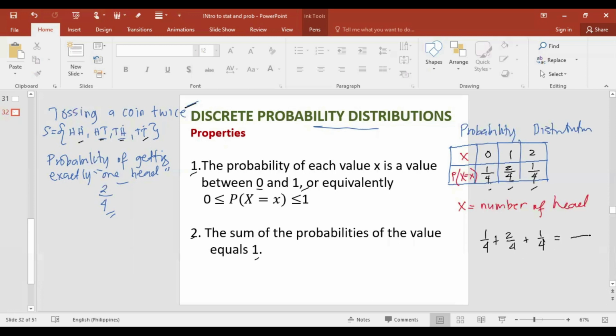Since they are similar fractions, you can just add the numerators. 1 plus 2 plus 1 is 4. Then just copy the denominator. It's 1. So again, this probability distribution table satisfies the second property. These 2 properties are very important.